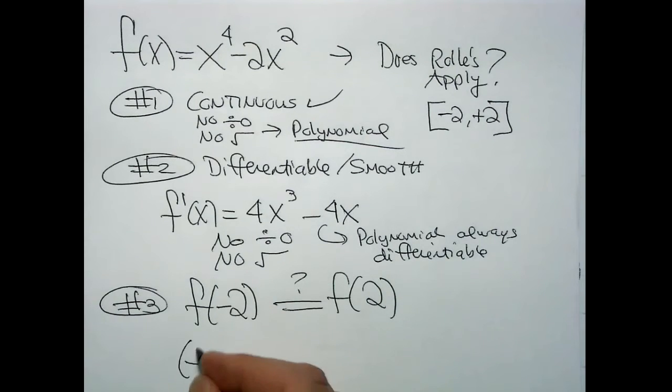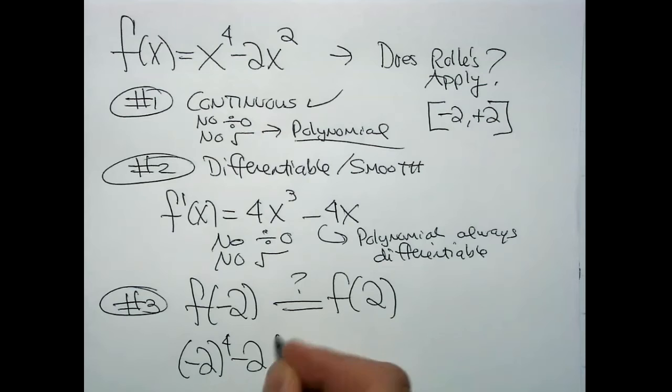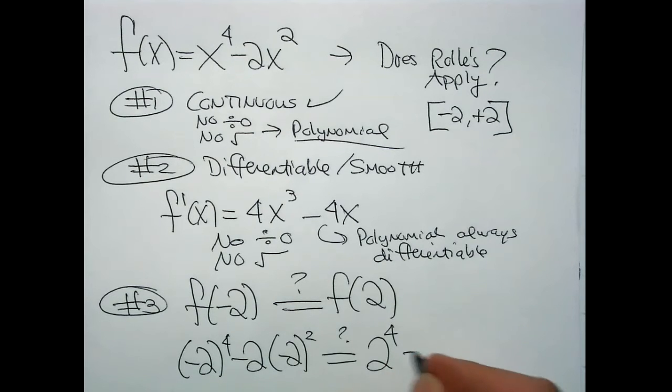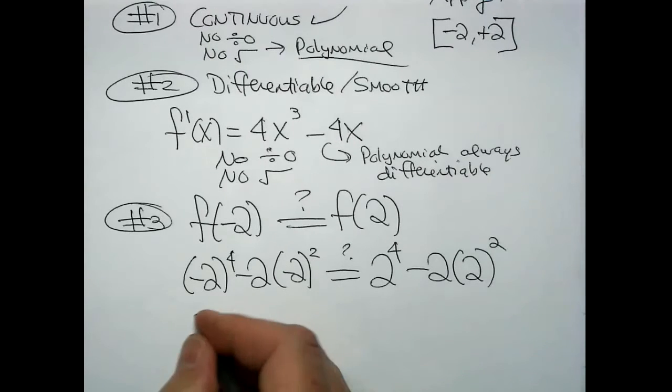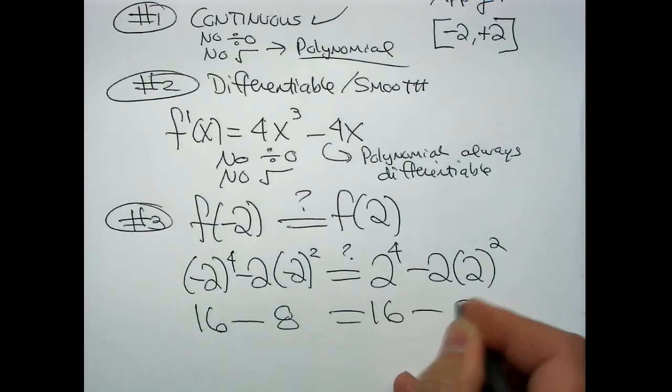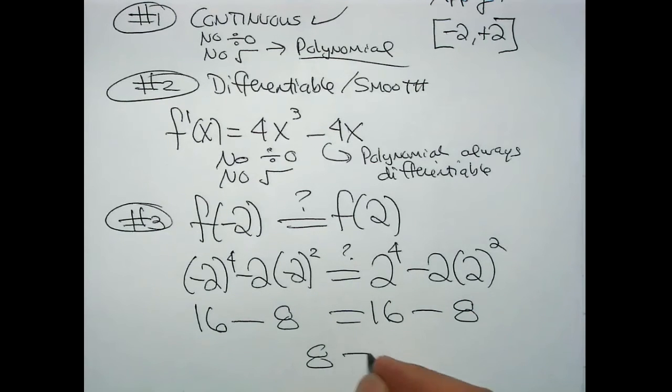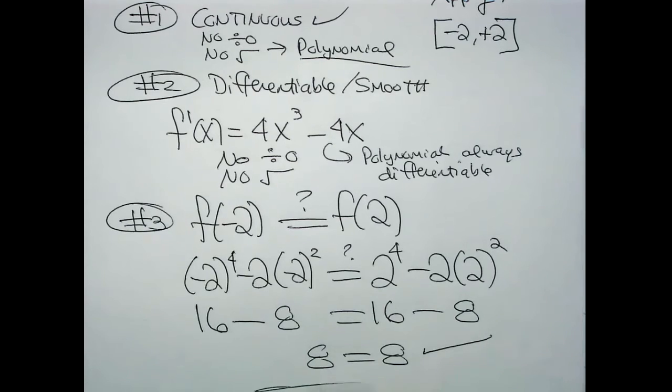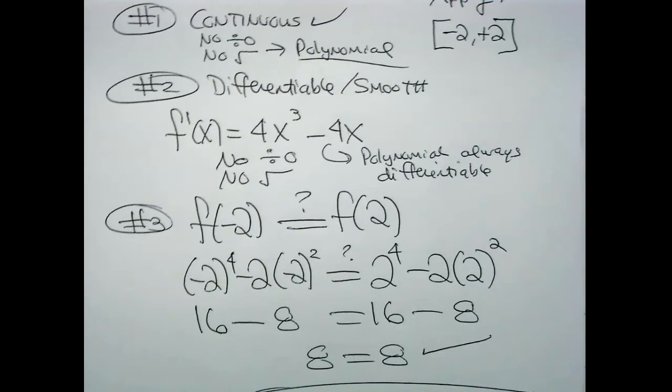The f of -2 would be (-2) to the 4th power minus 2 times (-2) squared. Does that really equal 2 to the 4th power minus 2 times 2 squared? This is 16, and this is 8. It's a big check. So what does that mean?